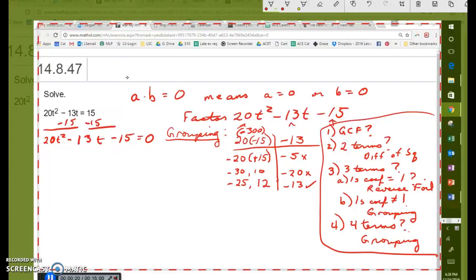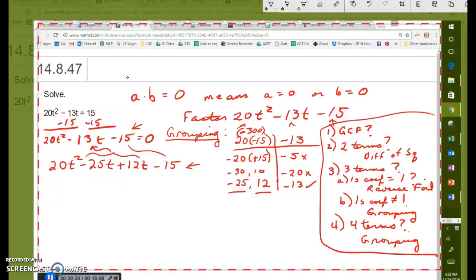Okay, so now what we do is we rewrite the 20t squared, leave some space, and rewrite the last term, which is negative 15. But for the middle term, we're going to break it up, and if we have a negative and a positive, we're going to do the negative first. So negative 25t plus 12t. Now if you add these together, you get negative 13t. So this is called an equivalent expression to this expression.